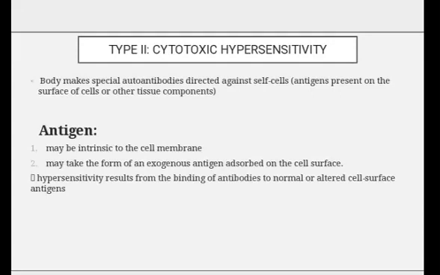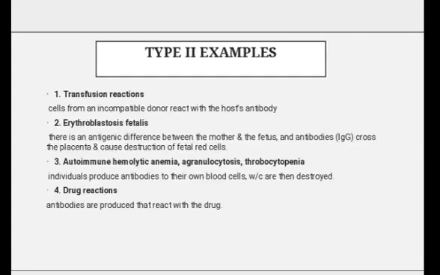This type 2 hypersensitivity reaction usually takes between 2 and 24 hours to develop. An example of a complement dependent type 2 hypersensitivity reaction is an acute hemolytic transfusion reaction following the transfusion of ABO incompatible blood.